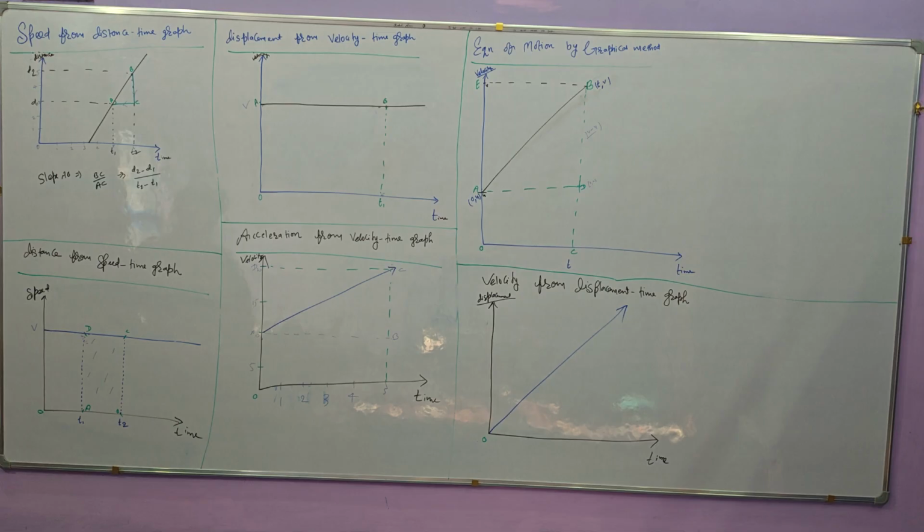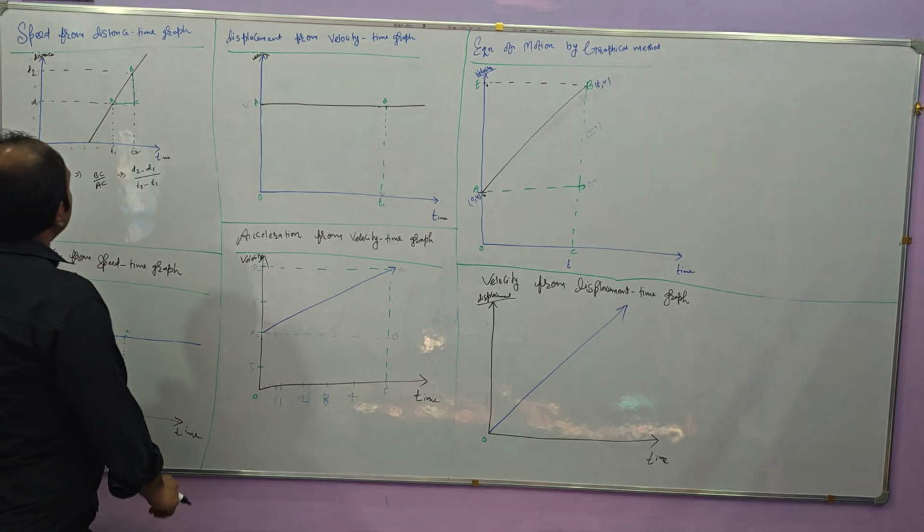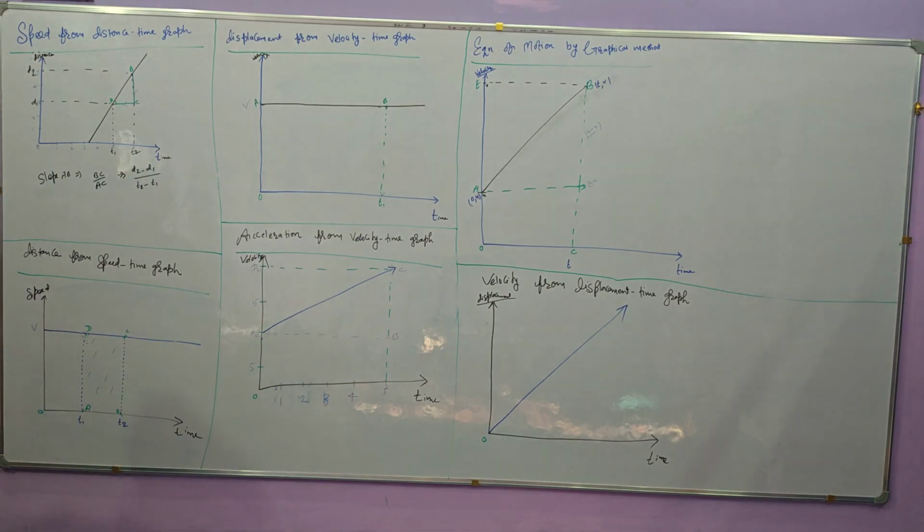So we have some numerical values like 0, 1, 2, 3, 4, 5, 6 and 1, 2, 3, 4, 5.